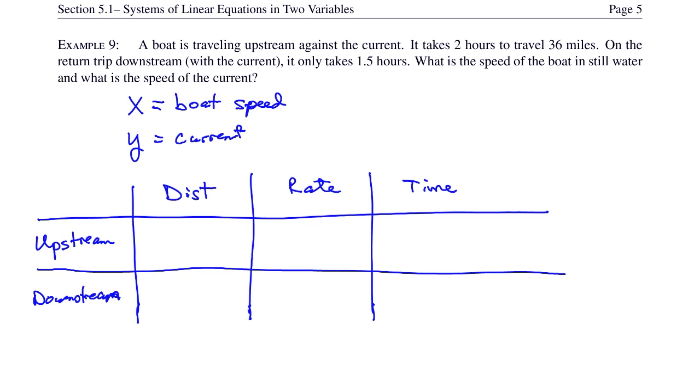First of all, we know the distance. The distance is 36 miles, upstream and downstream. We know the times. Upstream was 2 hours, downstream was an hour and a half.